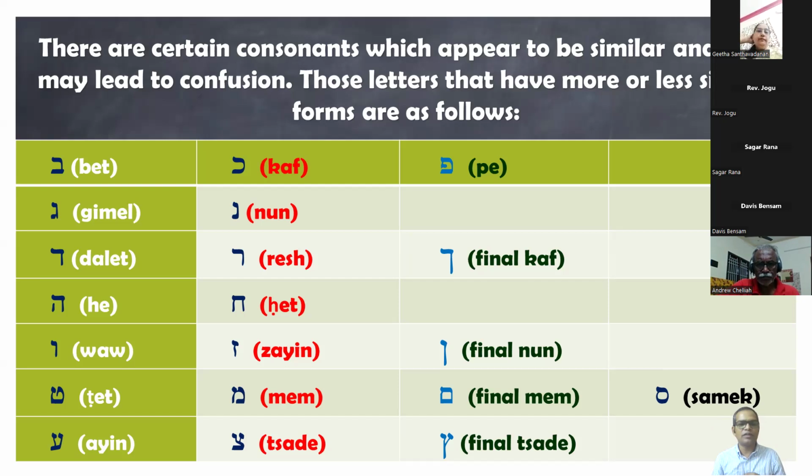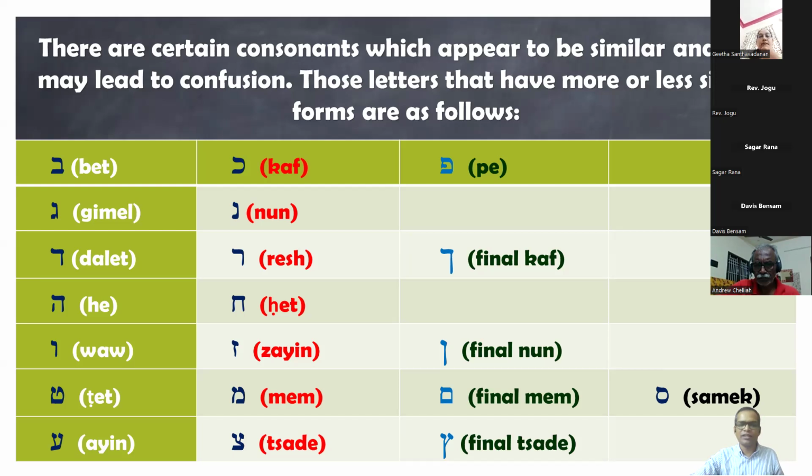Then when it comes to Tet, Mem, final form of Mem, and also Samak, they may resemble each other, but they are different. Some people will write final form of Mem and Samak in the same manner, but they are different.